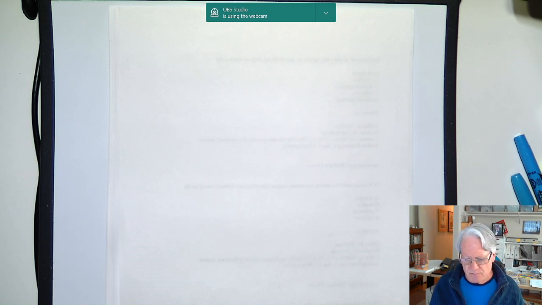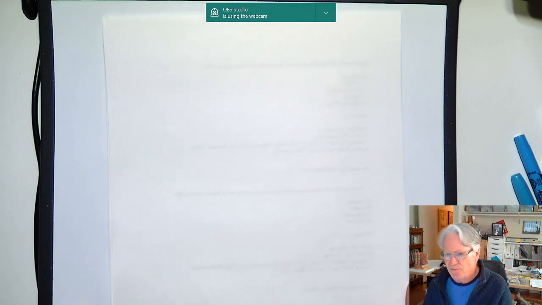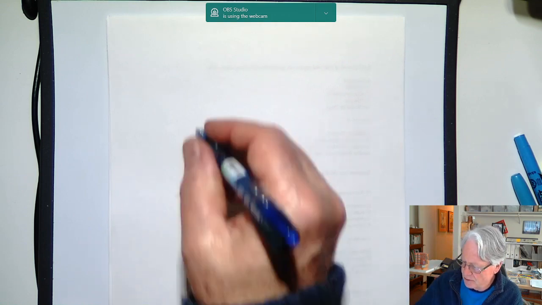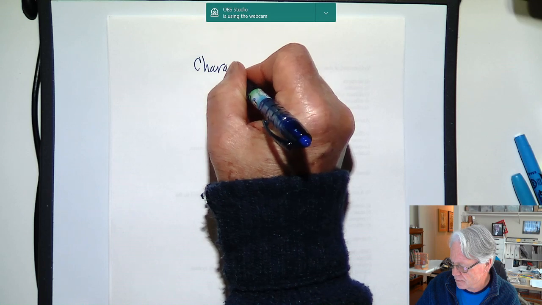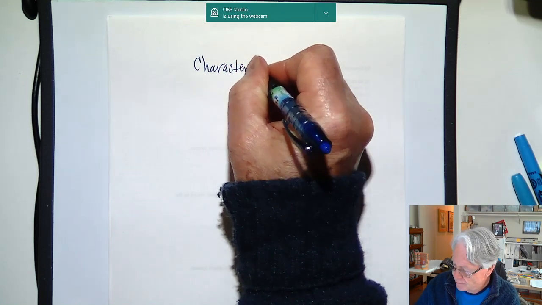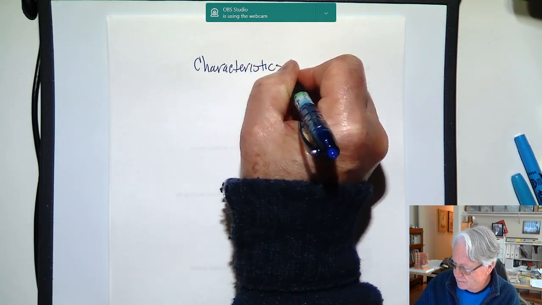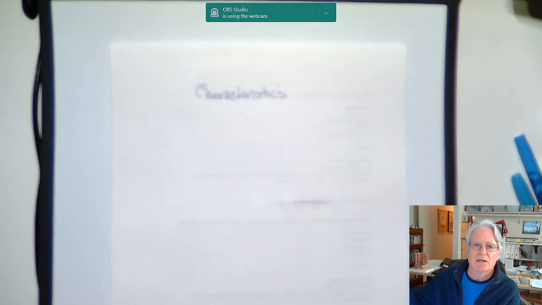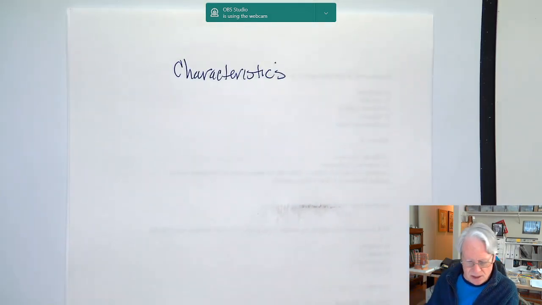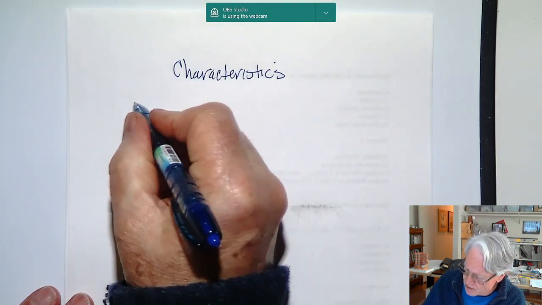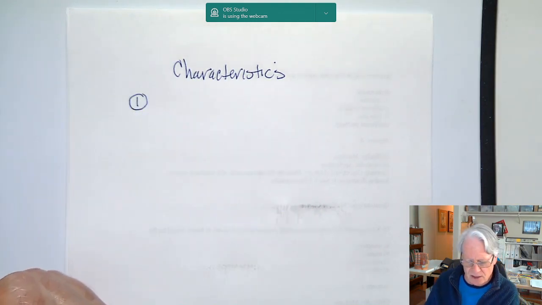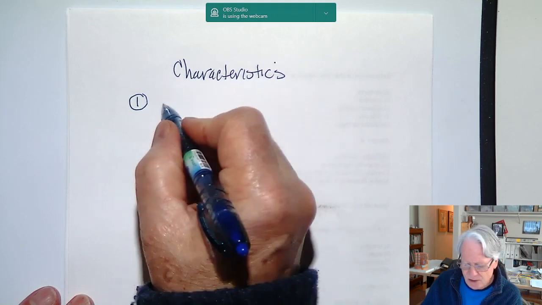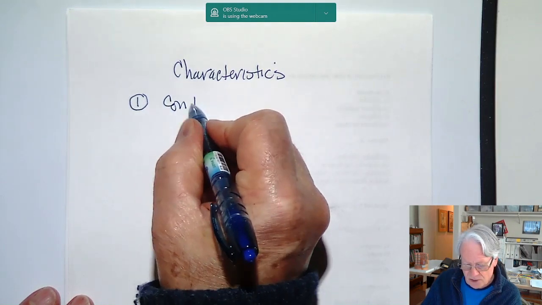So let's begin with the characteristics of epithelial tissue. And we've already made this list in the lab, so this is a bit of a repeat, but let's go ahead and do that anyway. So epithelial tissue is found in continuous sheets.